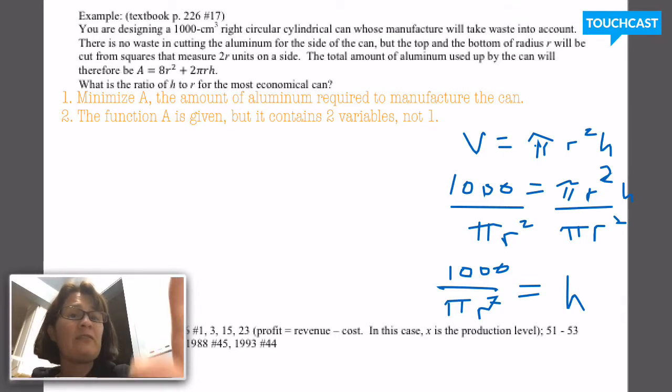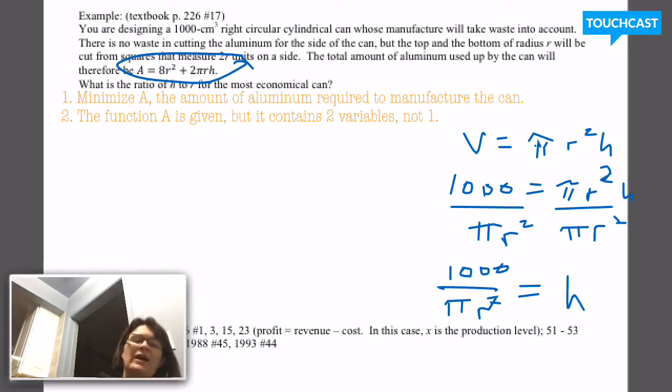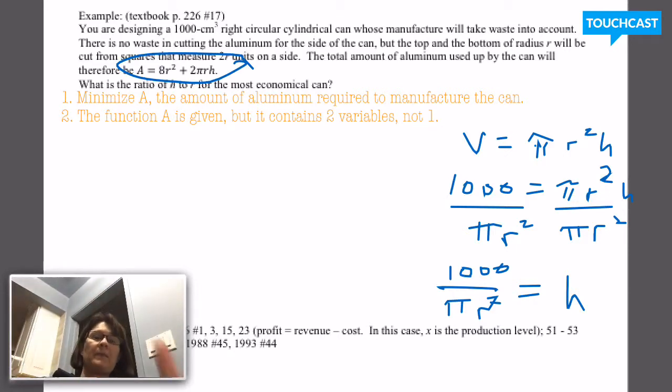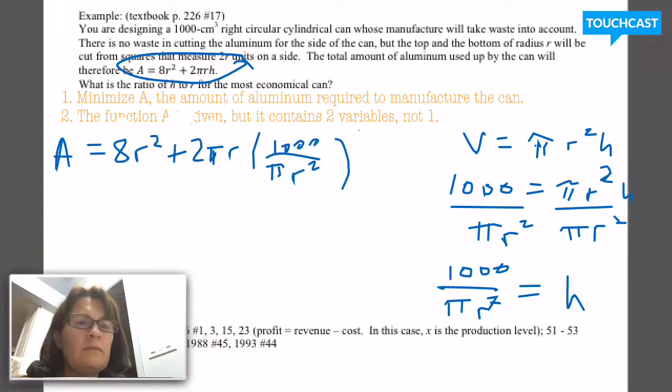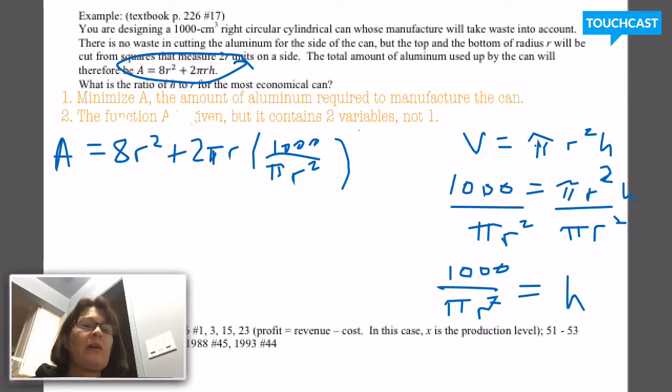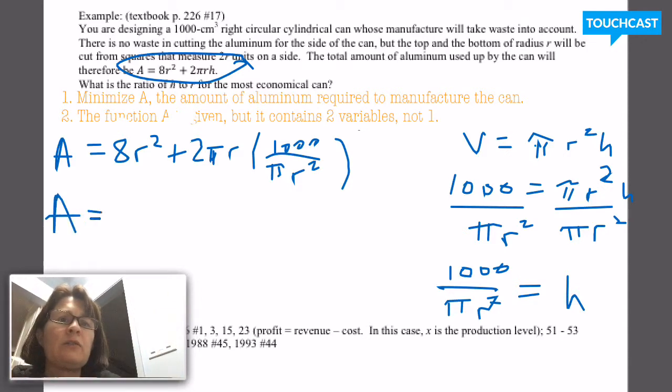This I can substitute in for the h in my A function. And now I will have an equation for A that contains only the variable r. So watch this. We know A is going to be 8r squared plus 2 pi r, and instead of h, I'm going to plug in 1,000 over pi r squared, and I'm going to simplify. So I've got A equals 8r squared.